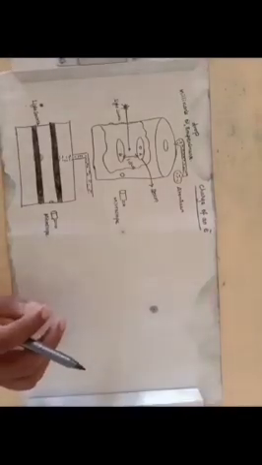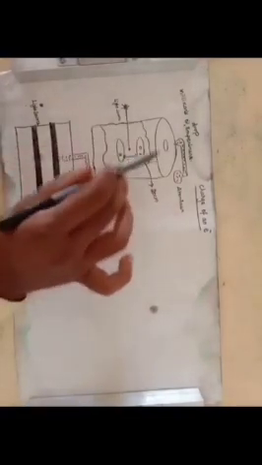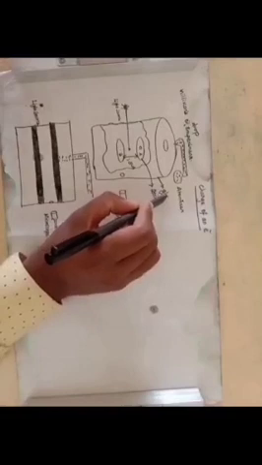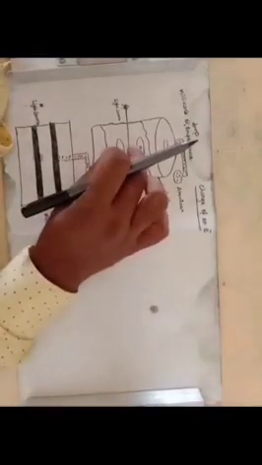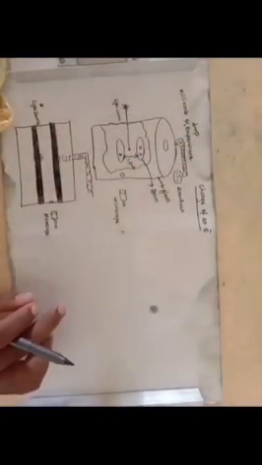These two parallel metal plates are enclosed in a chamber with glass wall. These two metal plates are enclosed by the glass chamber.